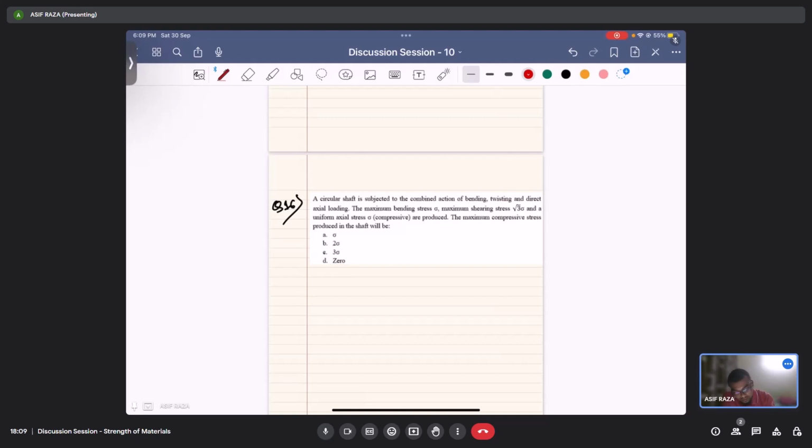The maximum bending stress, maximum shearing stress, and uniform axial stress are produced. The maximum compressive stress produced in the shaft is asked. For this, try to find the principal stresses with the combination of the bending, twisting, and direct axial loading, and that will solve this question.